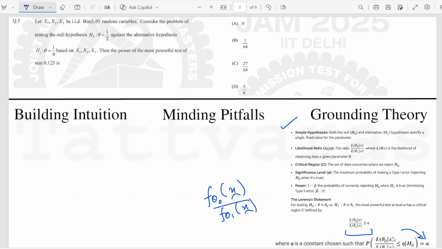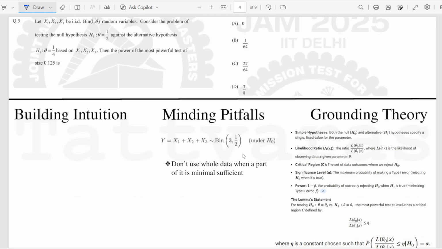And yes, we can go about it that way to construct it, but there's also a point of minimal sufficiency.